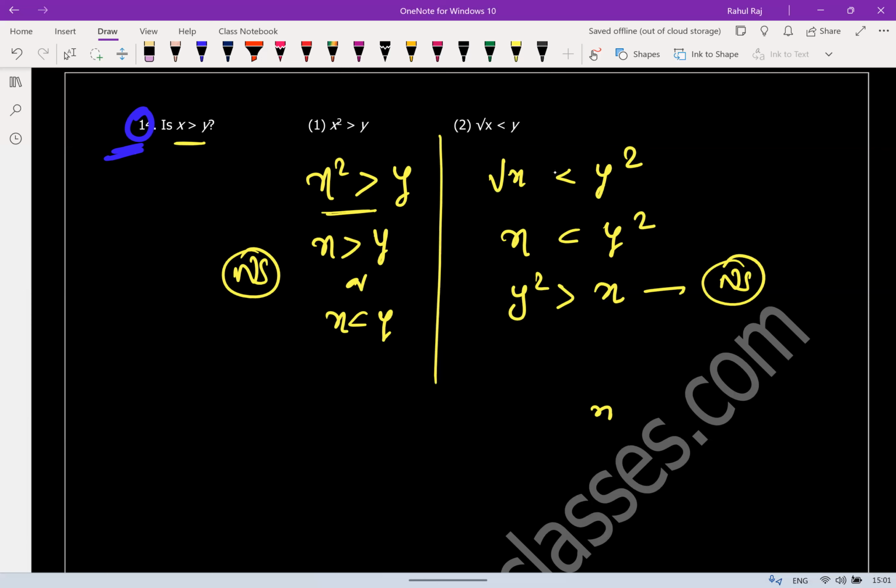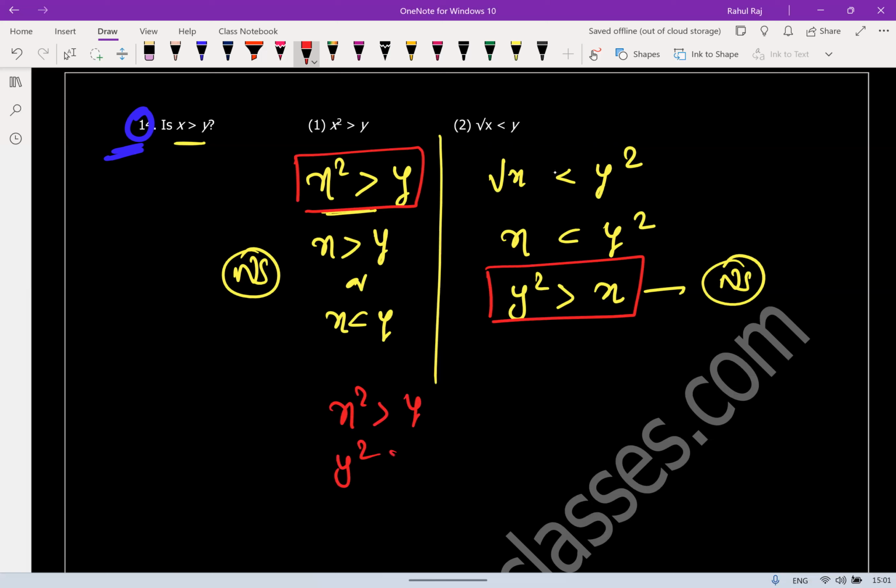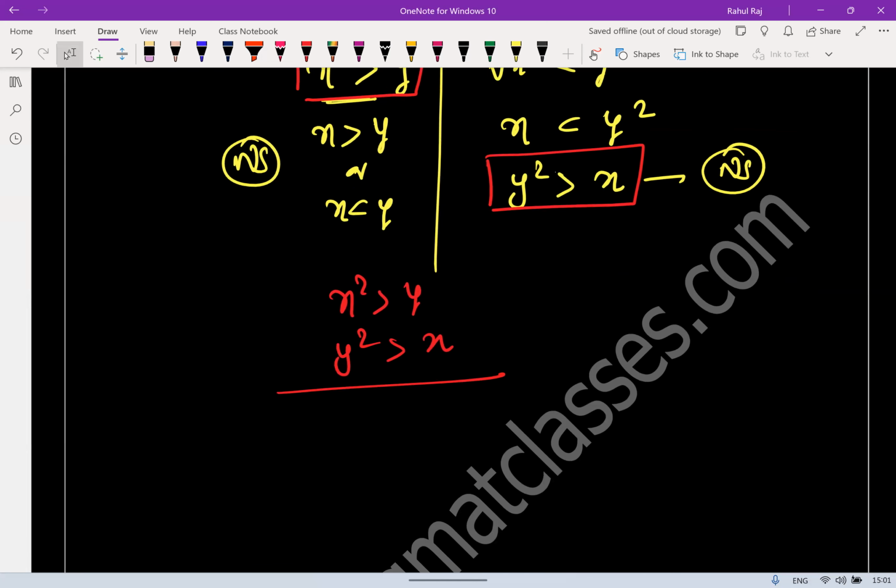Agreed? So what I'm trying to do is combine x square greater than y and y square greater than x. So I have two equations, and I have told you how to combine two equations. Your simple job is to just solve those two equations. I may add, I may subtract. Here I'm trying to add. It says x square plus y square is greater than x plus y. Now imagine I take x equal to 4, y equal to 3.